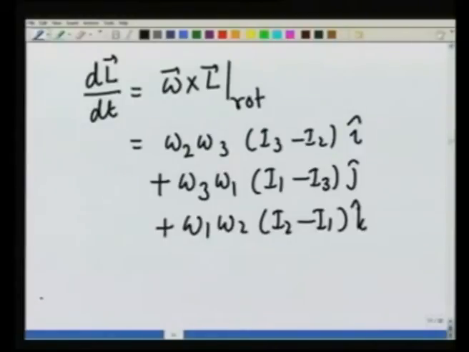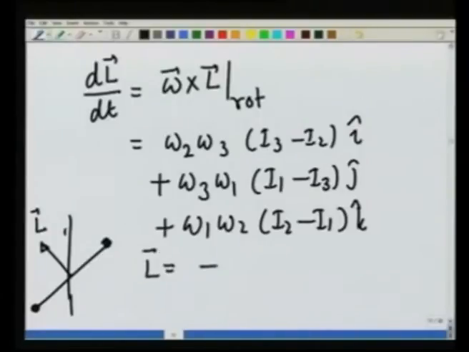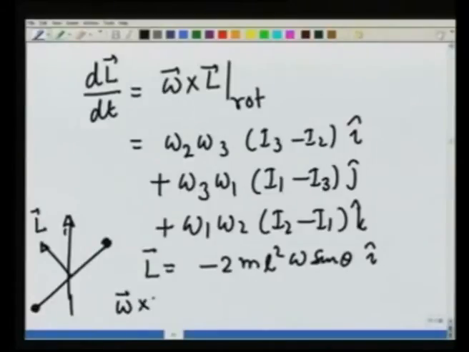And in the case of this rod that we took, L is in this direction. So, at any time L is equal to minus 2mL squared omega sine theta i. Omega is in this direction; omega cross L, you can see, will come out of the paper in direction 3.